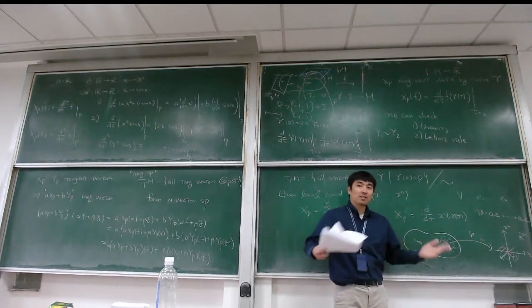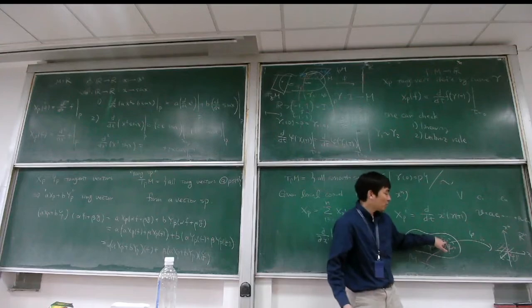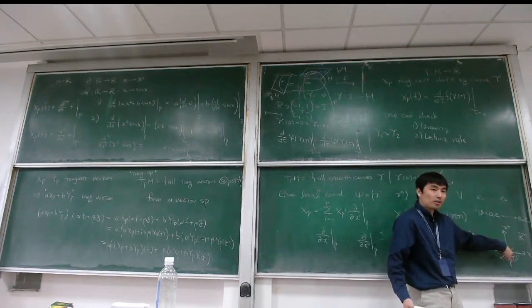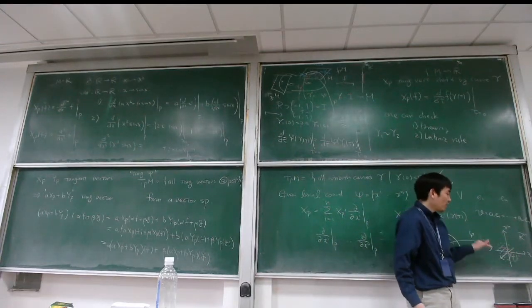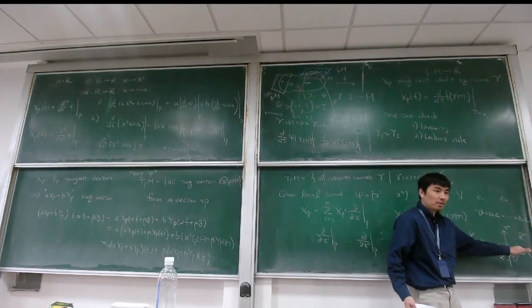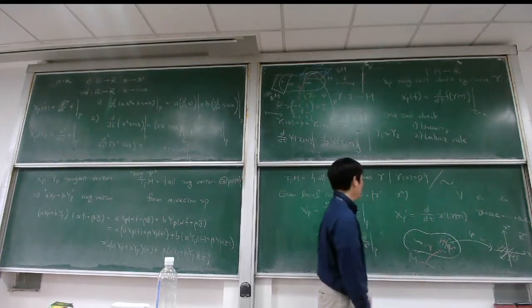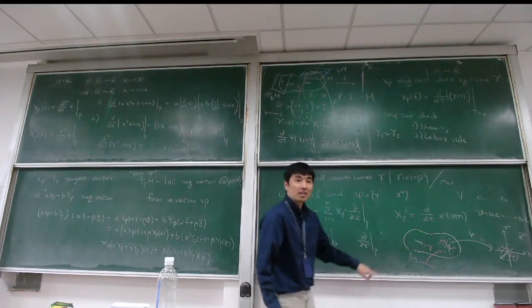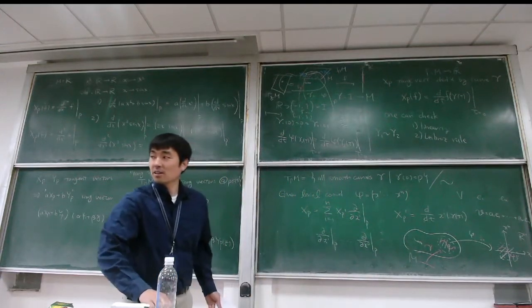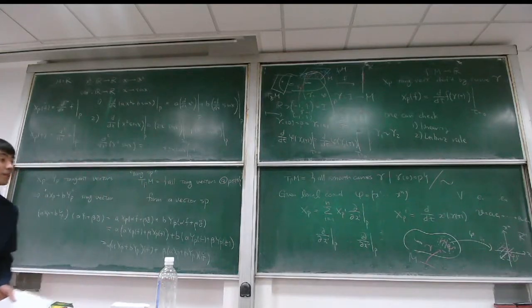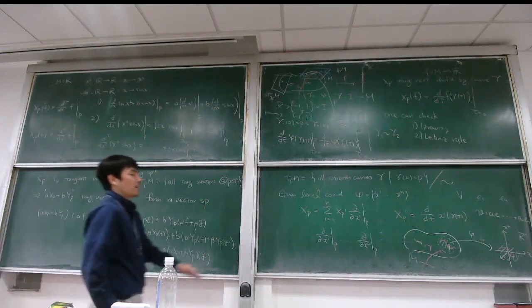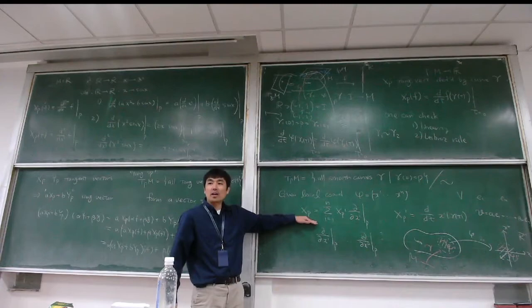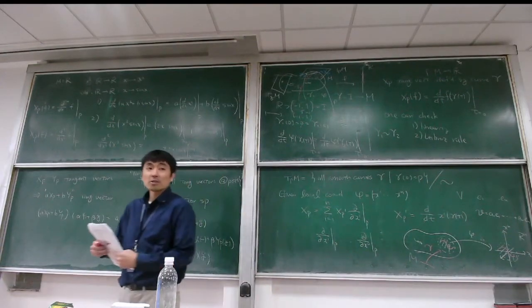We don't know how to define the derivative, but once you use the open chart here, one can define the derivative. That will give you your coefficients. Do you understand? That's how you define and write down the tangent vector locally.